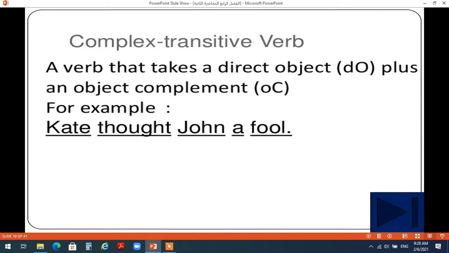Then we have some description or some additional information talking about that object, talking about John, or describing John as being a fool. So when we find this kind of description or this kind of additional information referring to the object, in this case this will be treated as an object complement. So the verb thought will be treated as a complex transitive verb.